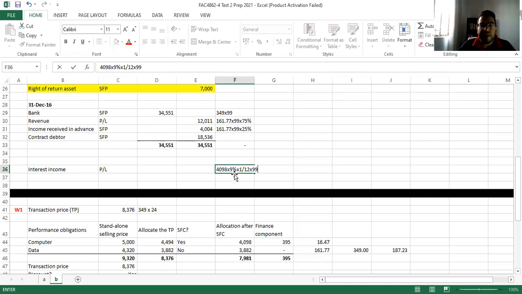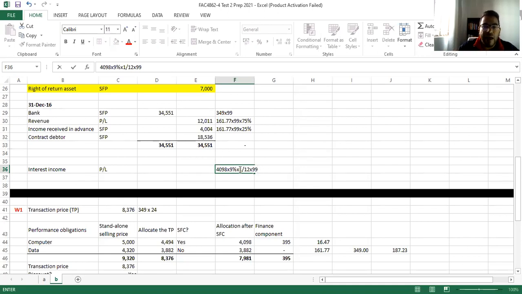How do you work out interest income? Present value times the interest rate. The interest rate used to get to the present value was the 9%. So you must use that interest rate. You use the interest rate that you have used to get the present value. So it's present value times interest rate. So present value of the computer, 4098, times the interest rate used to get the present value, which is 9%. But that 9% represents an annual figure. We are only recognizing interest for the month of December.